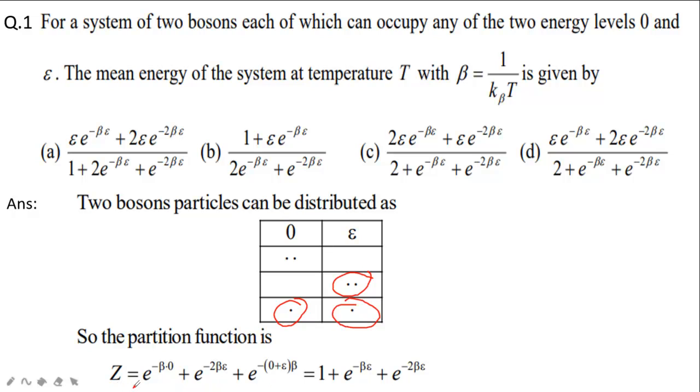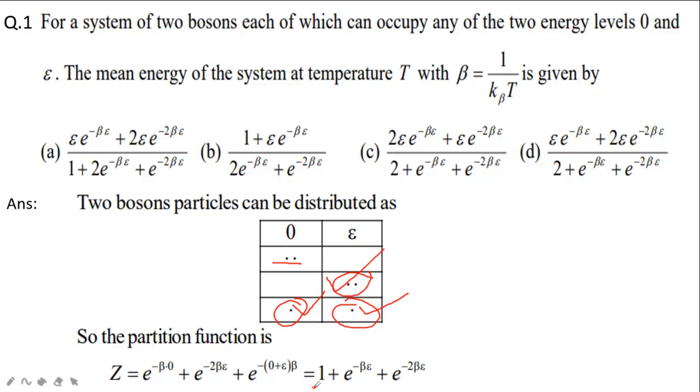So Z will be, for the first way, the total energy is 0, since both the bosons are in the 0 state, plus exponential minus 2 beta epsilon, where the two bosons are in the epsilon energy state, and again exponential minus beta epsilon, where one is in the 0 state and another one is in the epsilon state, and thus we can solve this.